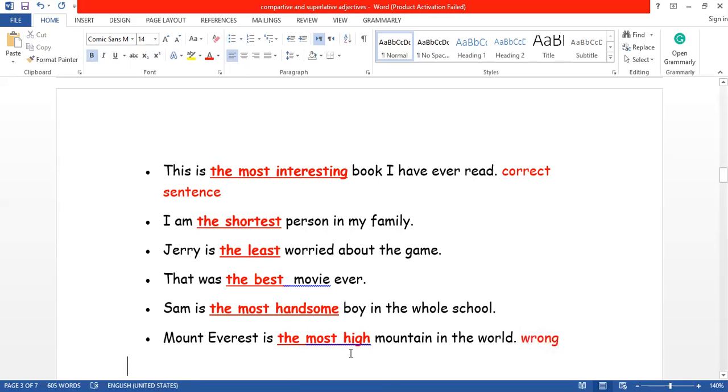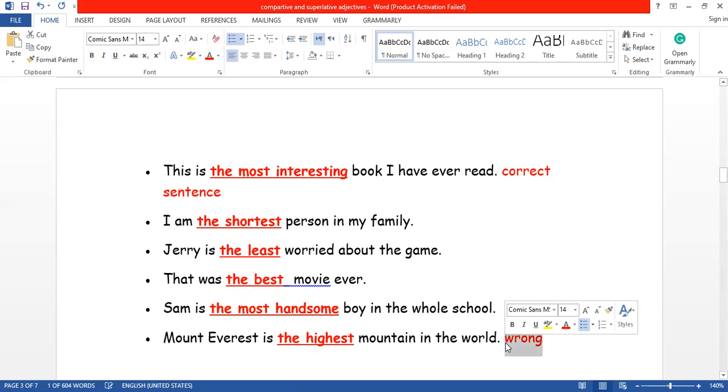So if I want to correct it, what should I say or write? We delete the word most, and add est at the end of the adjective. So it's going to be what? A superlative adjective. So Mount Everest is the highest mountain in the world. So it's correct now, okay?